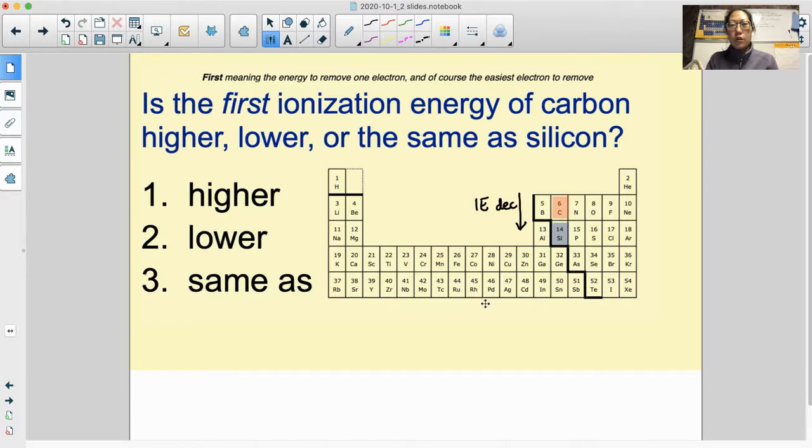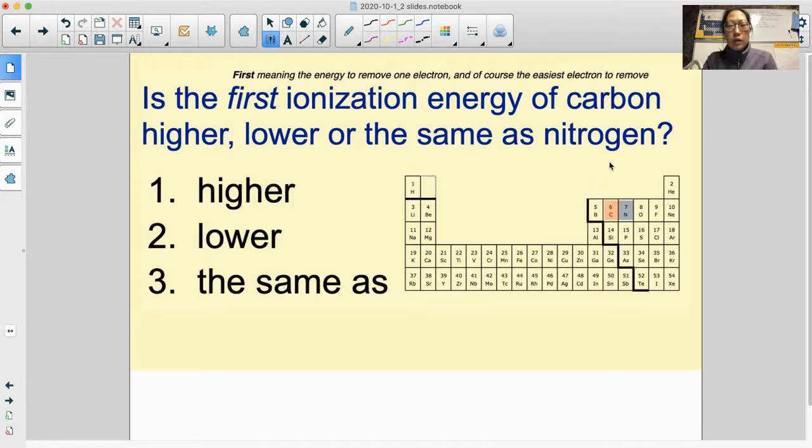Okay, so the first ionization energy of carbon is going to be higher than the first ionization energy of silicon. Okay, remember, we're adding that whole shell of electrons as we go down. So the electrons will be further from the nucleus and easier to remove as we go down. That's why ionization energy decreases.